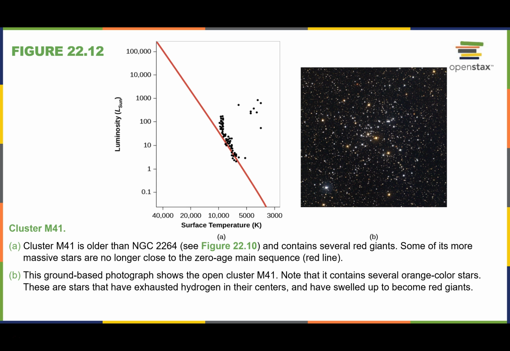All right. Here is another HR diagram of a cluster of stars. The way I would read this one is, of course, this is our main sequence. These would be our, what do we call these? What do you call these guys right here on the HR diagram? They're not protostars now.